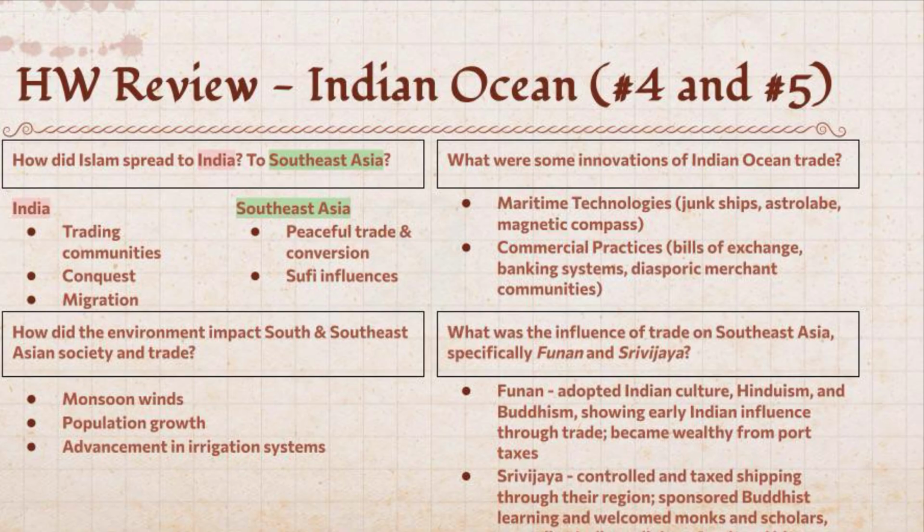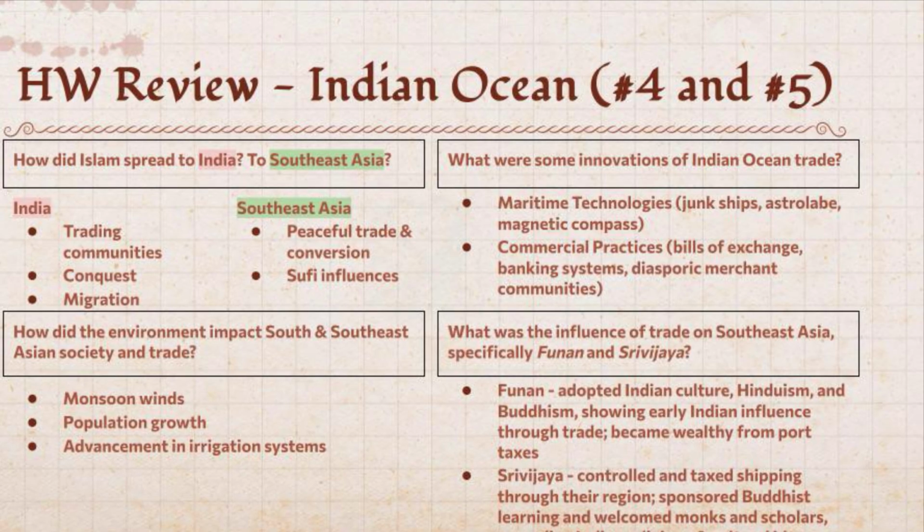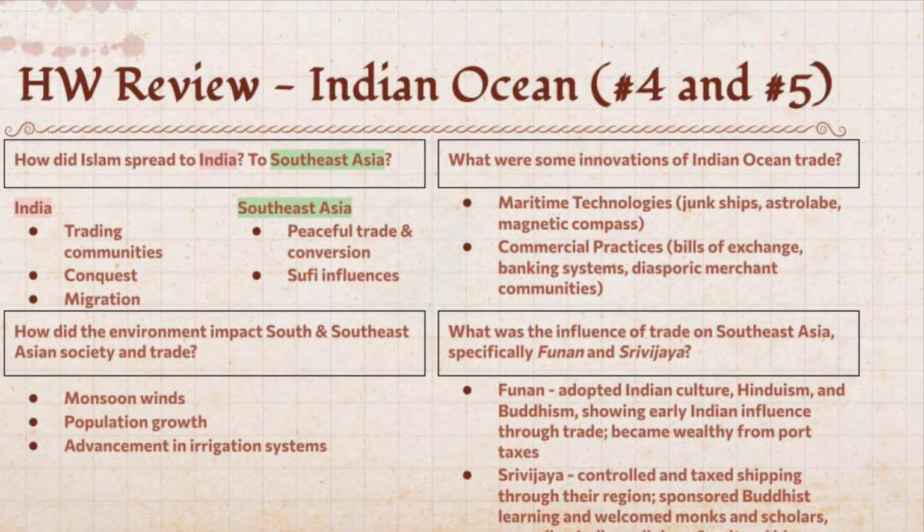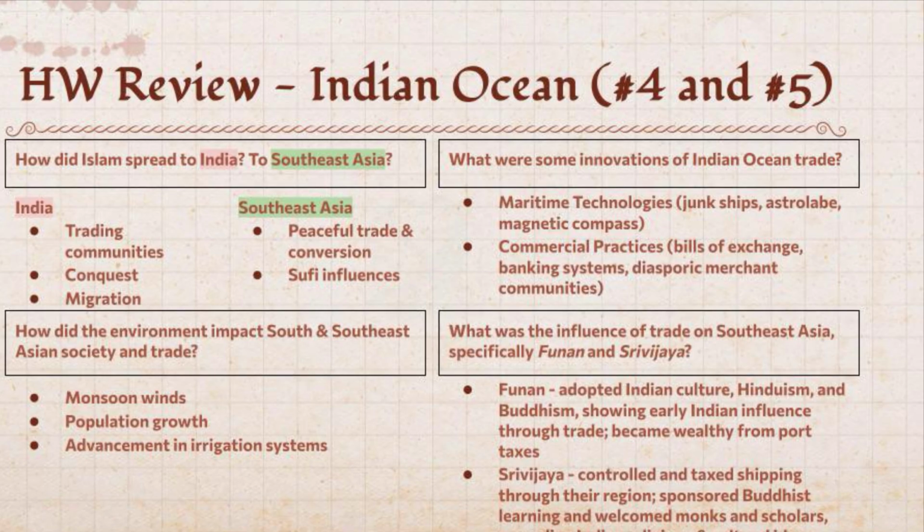Now, we talked about this in the last unit. The Delhi Sultanate is going to conquer India, particularly northern India, and they are a Turkish Muslim group. So they are going to bring in Islam to northern India.